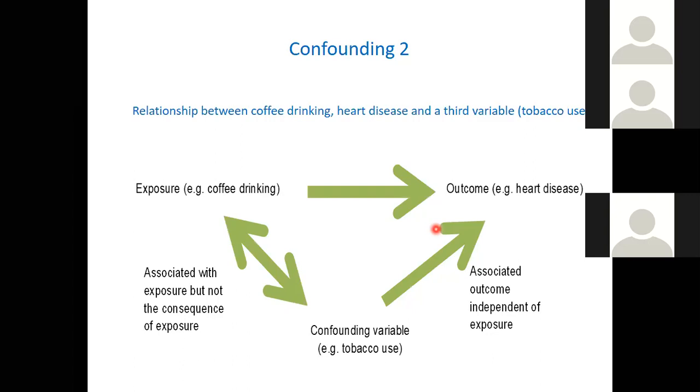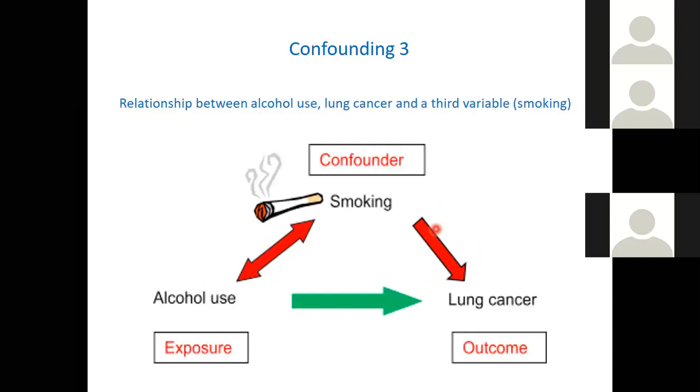Now, before I elaborate much, there's the third one, just to create the mental picture. This is the relationship between alcohol use, lung cancer, and a third variable, smoking. What we are studying here is alcohol's contribution to lung cancer. Of course, smoking also contributes to lung cancer, and alcohol and smoking are related somehow.